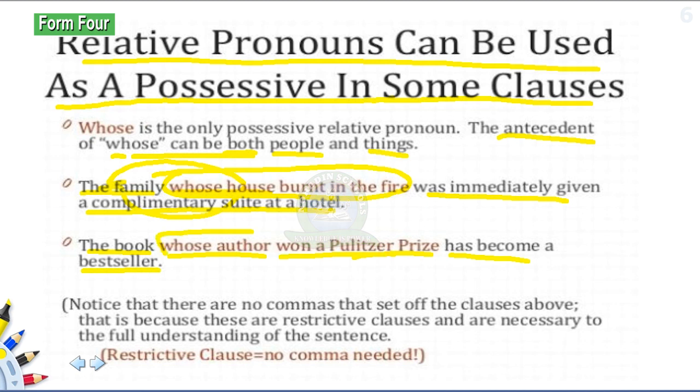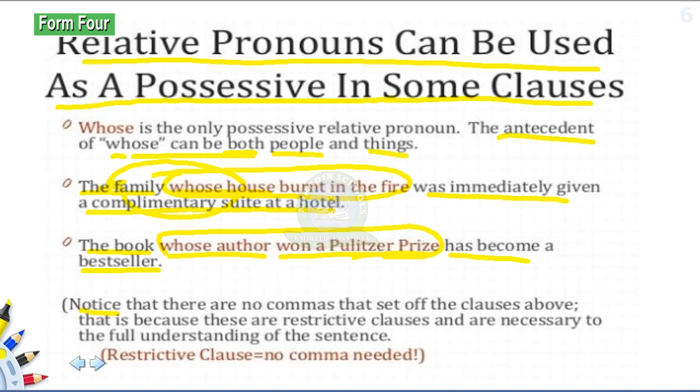Whose author won a Pulitzer Prize is a relative clause. You can remember, has become a bestseller is a main clause. So we have two clauses. Remember the words whose, whom, which, that always introduce relative clauses or dependent clauses.